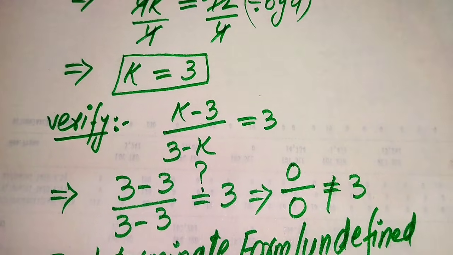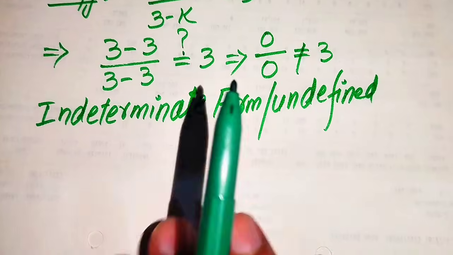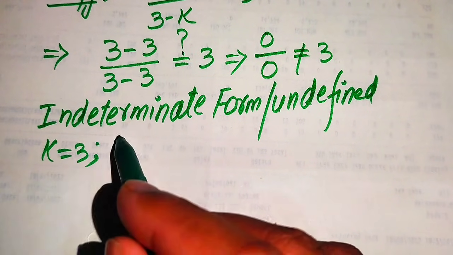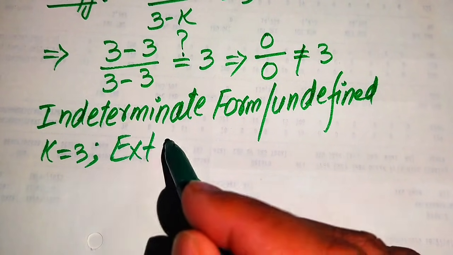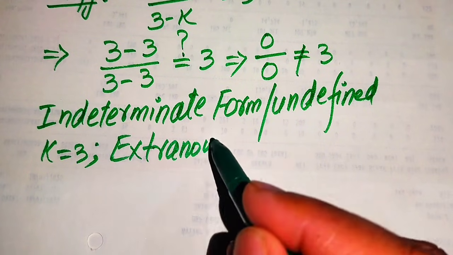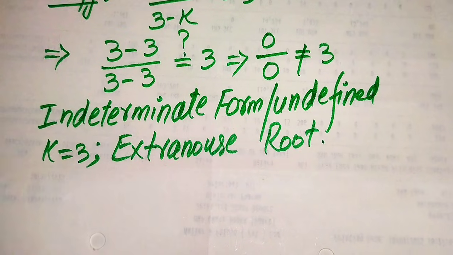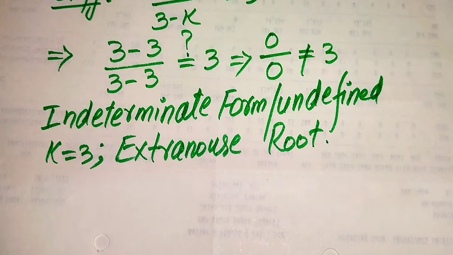So if this value does not satisfy our given question statement, we will call k equals 3 the extraneous root of the given equation. Okay, it is the extraneous root because it does not satisfy our given question statement. And you see here other than 3 we cannot get any other value of k which satisfies our given question statement.